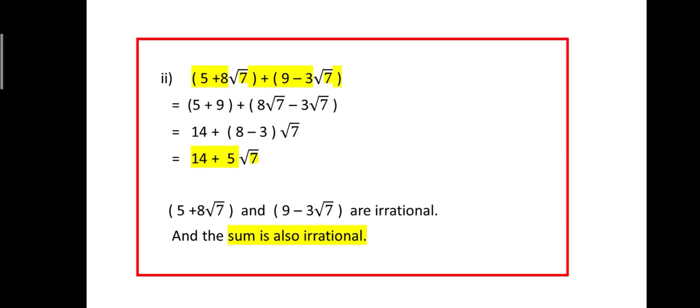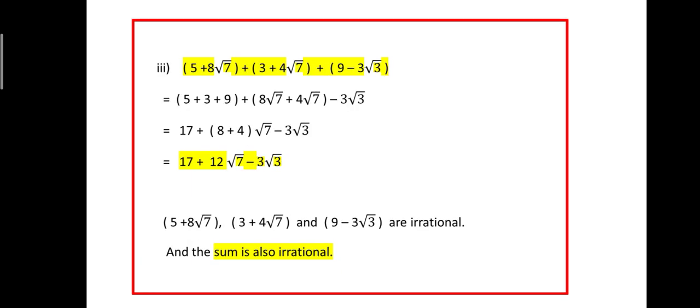In the next example, again we add two irrational numbers as shown to get another irrational number, 14 plus 5 root 7. Hence, this example shows us that the sum of two irrational numbers can be again irrational.